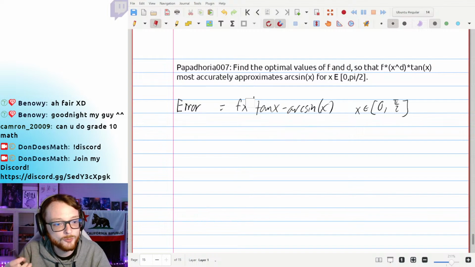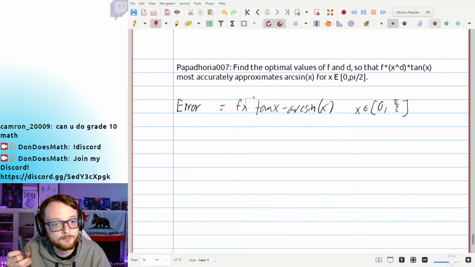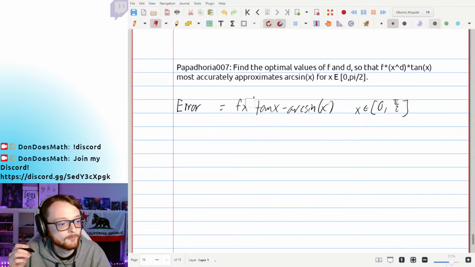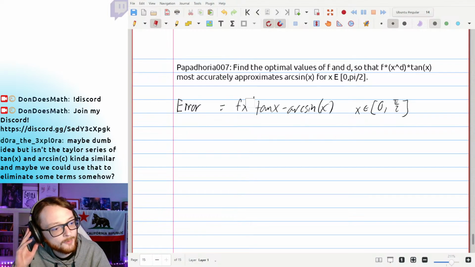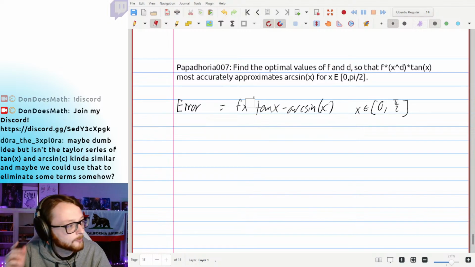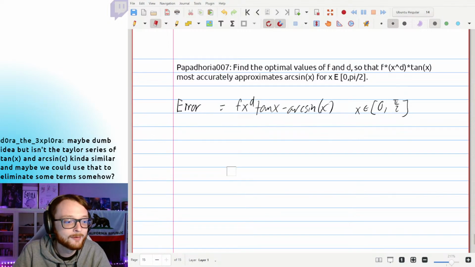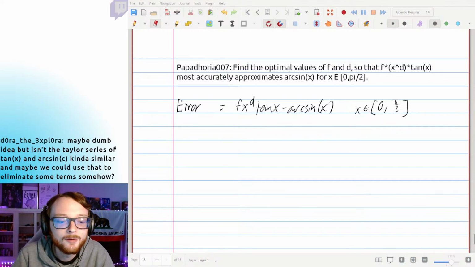We'd get a lot of partials, though, wouldn't we? The tan x and arcsin x are kind of similar. Oh, that's an idea. Let's explore that.